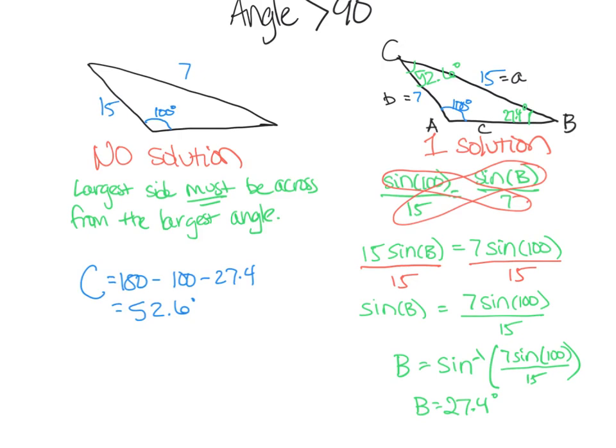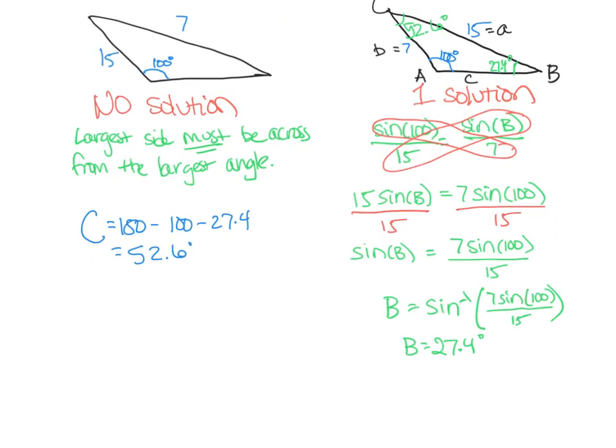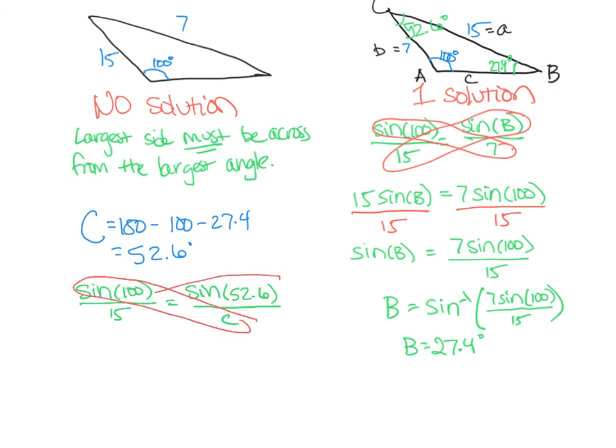I just need to find my last side length. So let's set this up one last time. Sine of 100 over 15, so using my B's again, is equal to sine 52.6 over C. From here we will cross multiply and get C times sine of 100 is equal to 15 times sine of 52.6.